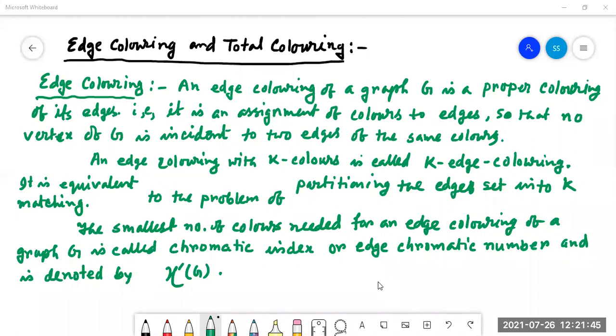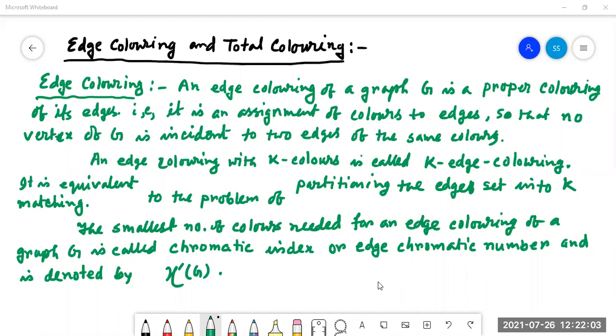Okay, now we are going to learn the edge coloring and total coloring. Previously we already learned about vertex coloring. So today we learn about edge coloring. An edge coloring of a graph G is a proper coloring of its edges.